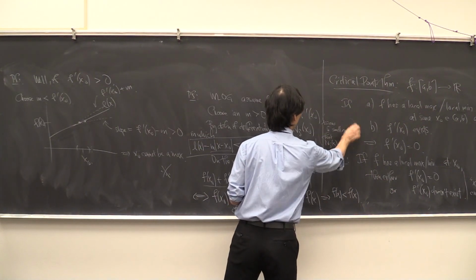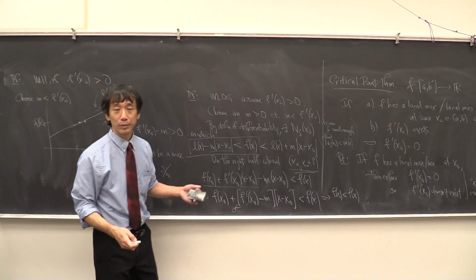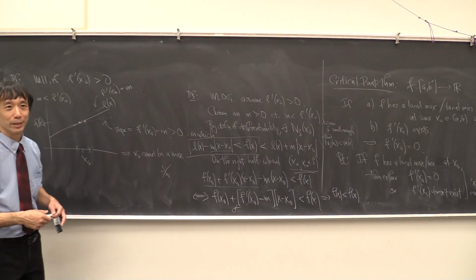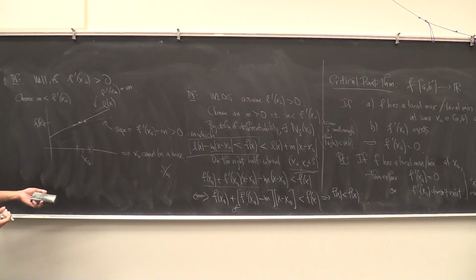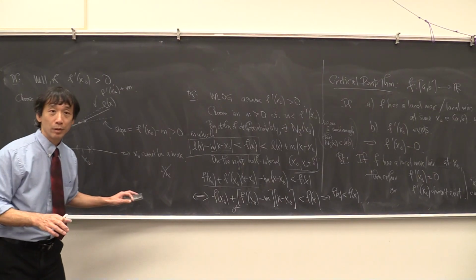But we can do that, because you're always allowed to shrink your delta. If you find one delta that works, then any delta smaller than that is still going to work. But good catch.